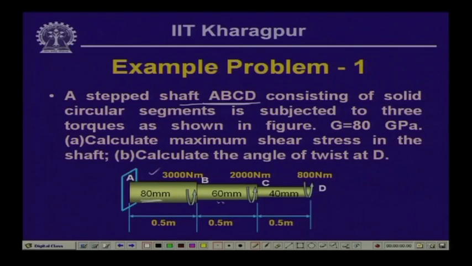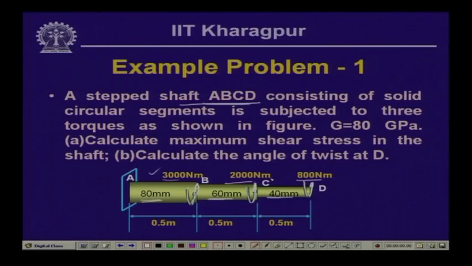This is 80 millimeter, this is 60 millimeter, and this is 40 millimeter. They are subjected to a torque which is 3000 Newton meter in this particular case, which according to our notation is positive, a twisting moment of 2000 Newton meter here at C, and at D we have a twisting moment of 800 Newton meter, which is also positive.